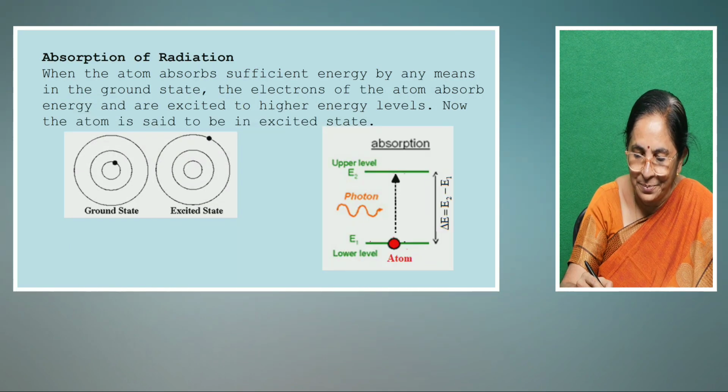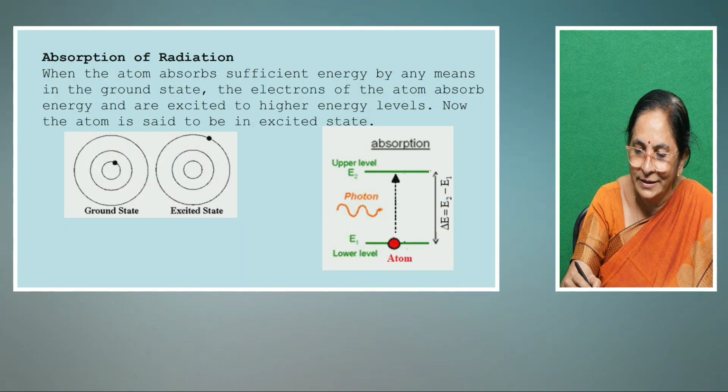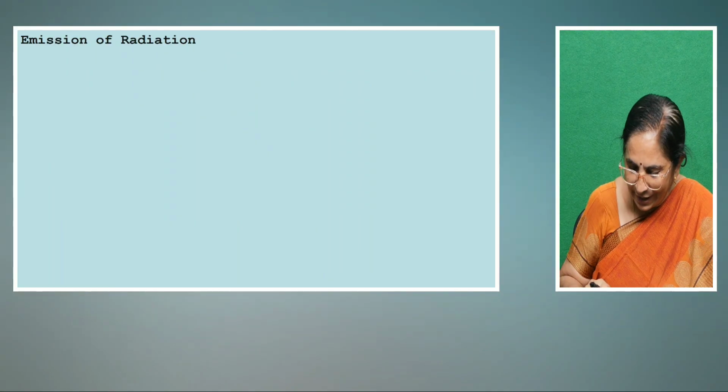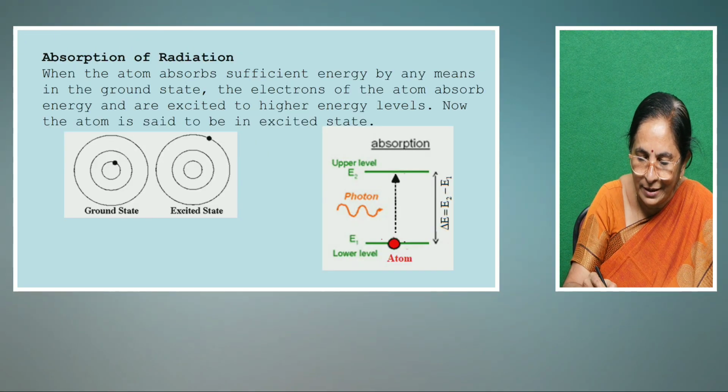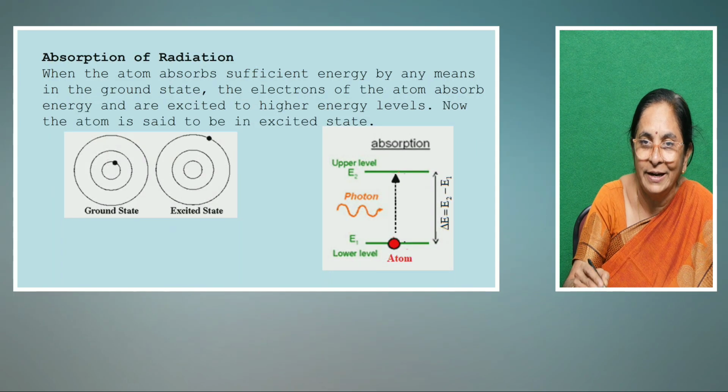So here I represent the lower energy level as E1 and the higher energy level as E2. The difference between the energy levels can be written as delta E equal to E2 minus E1. Suppose the electron in the first orbit absorbs energy, it will be excited to the higher energy level.